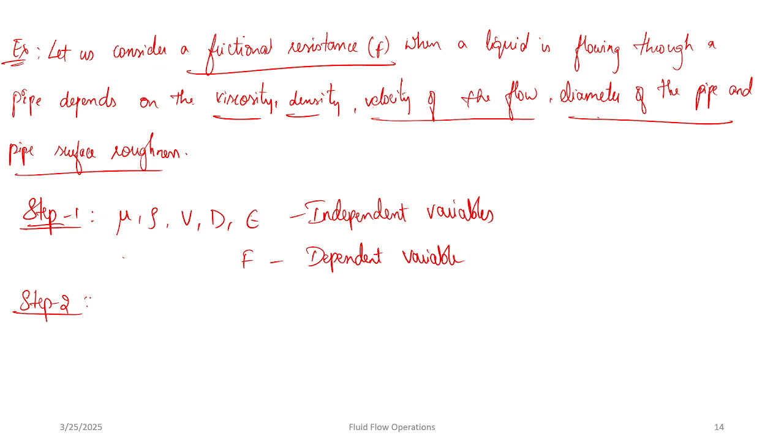Now comes step two. First we have to express all these quantities in terms of a functional equation. So F, the force, is a function of viscosity, density, velocity, diameter, and surface roughness. Now we have to express them in terms of an equation, right?